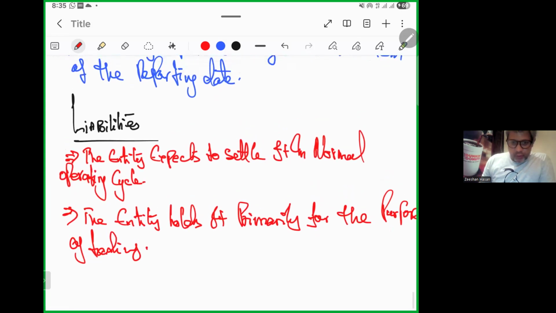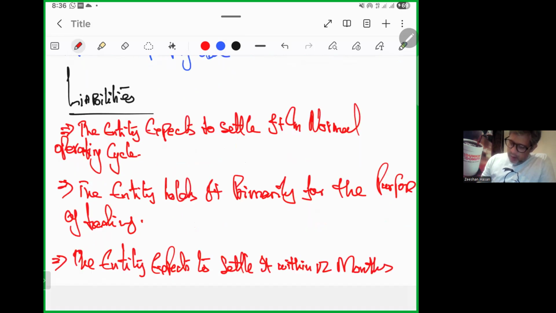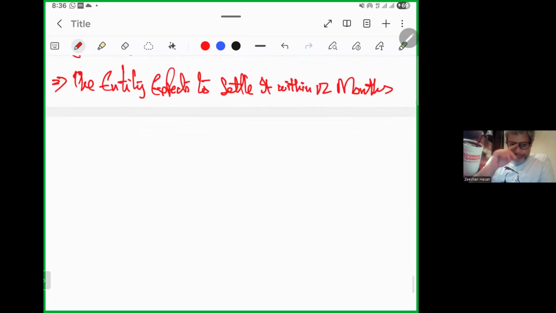The entity expects to settle it within 12 months of the reporting date.